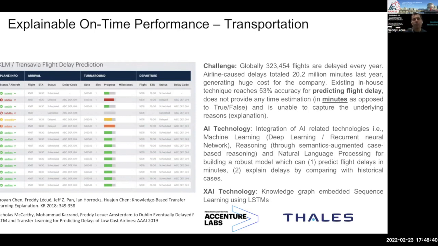So if you do have the explanation of why a plane is late, you might be correcting the next schedule accordingly, rather than just saying, well, I know it's late, but we have no idea. And actually it's a sequence of actions occurring over the set of flights, and they all require techniques for exposing explanations. That's some work that we published at AAAI 2 years ago.